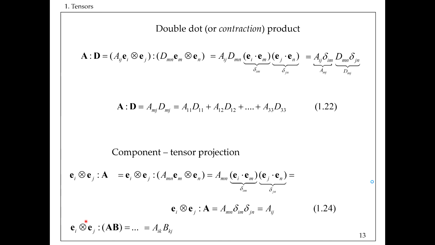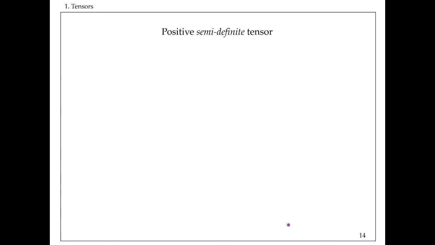Now, we are going to take our double dot product contraction and consider any random tensor and define its rather important property of positive definiteness. Is it a positive definite or negative definite tensor?